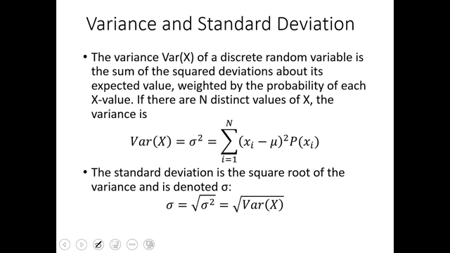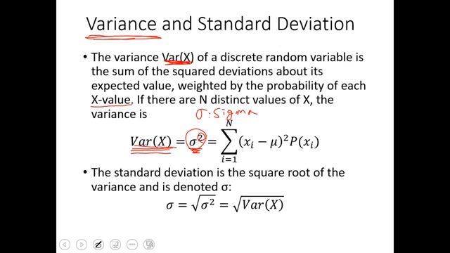Yes, so we can also study the variance. We can define the variance of random variable x. The variance of random variable x is usually denoted by sigma squared, where sigma is the Greek letter sigma. This notation means the variance of x.